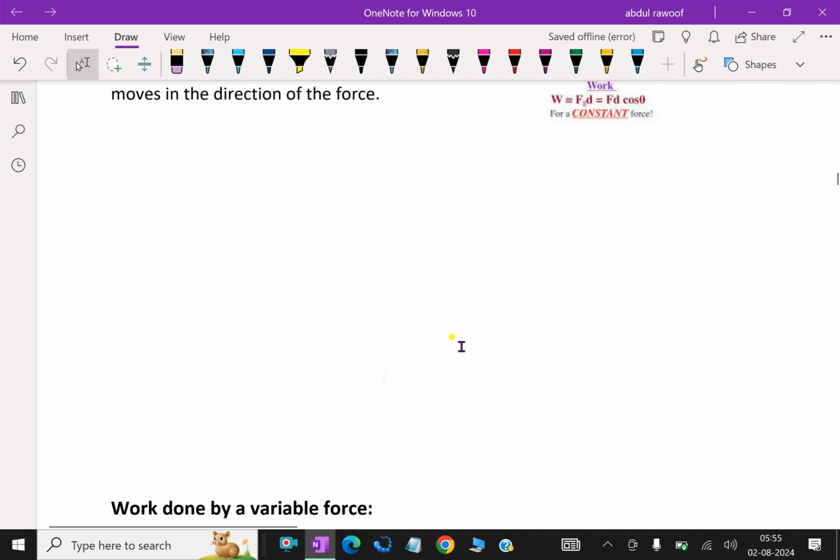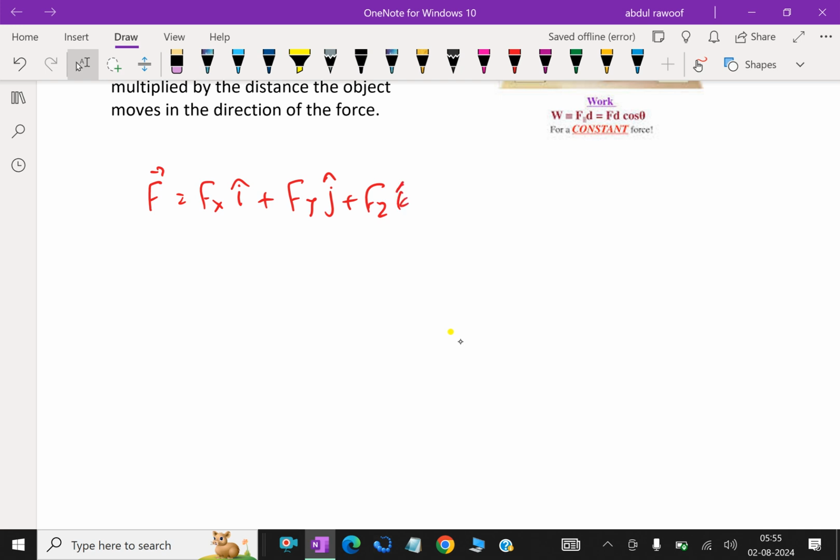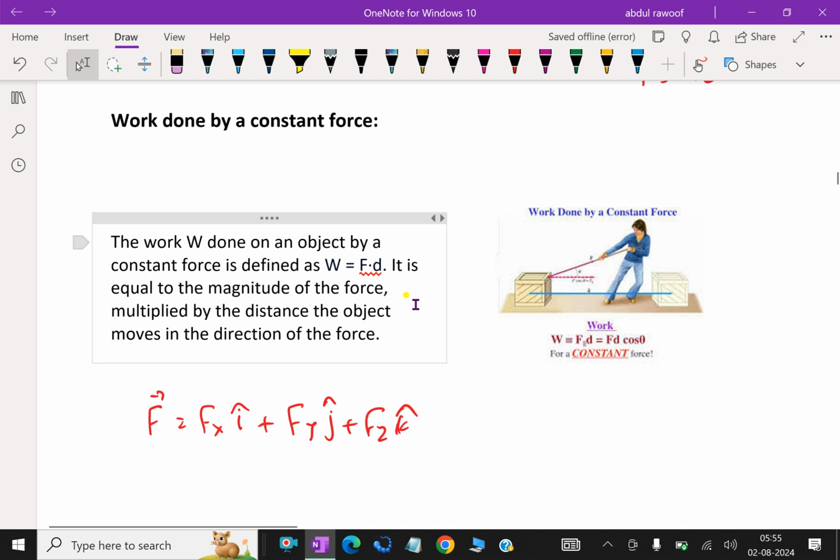So we can write in vector form here, force vector F equal to Fx i, Fy j vector, Fz k vector. This is work done by constant force.